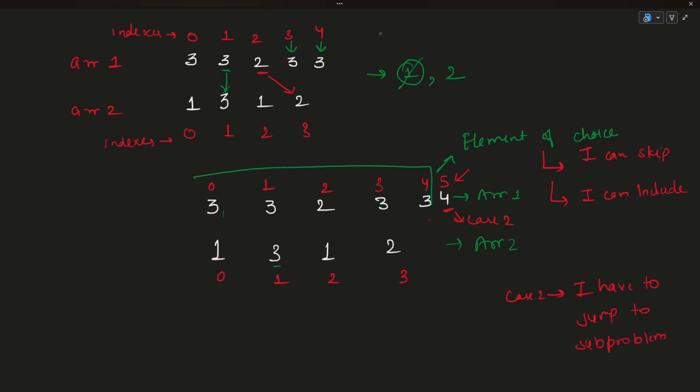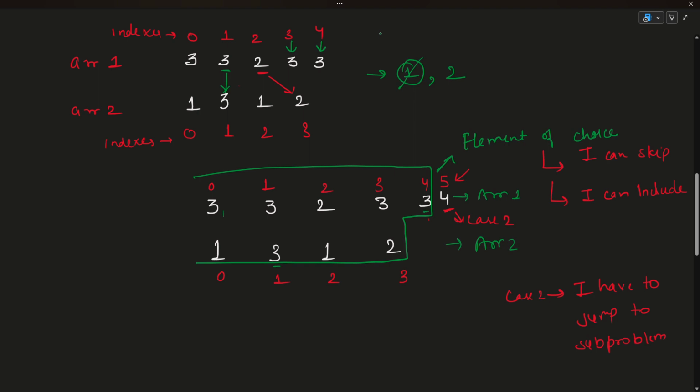Now the sub problem will become only this particular array, and as you can observe, we did not change the index of the second array, we just decreased the index of the first array, because we are not able to find this particular element in the second array. So we jump to the sub problem by decrementing this index, while the array 2 index does not change.